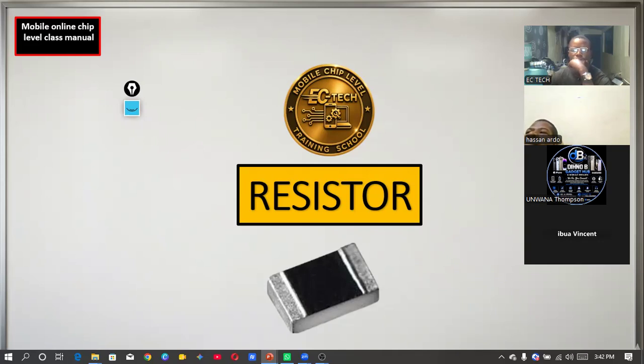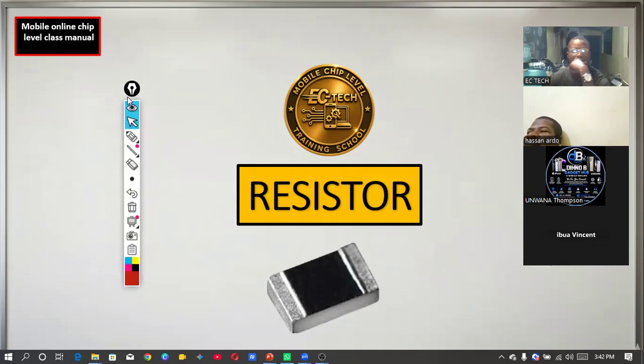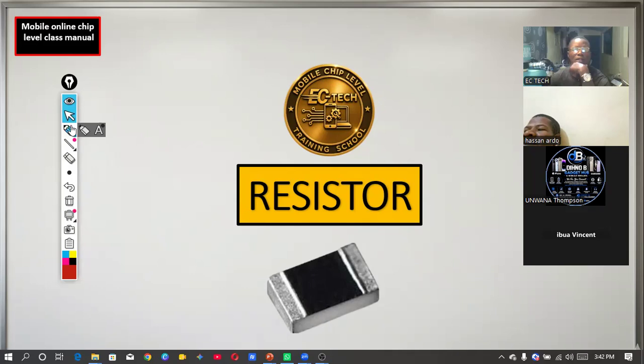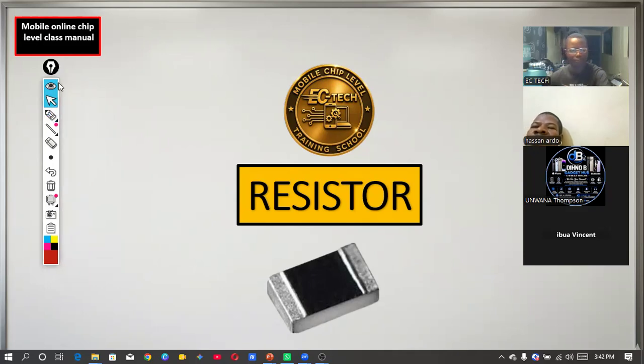Let's start. Now, when we're talking about a resistor, I give a resistor a name because of its crucial role in the circuit.